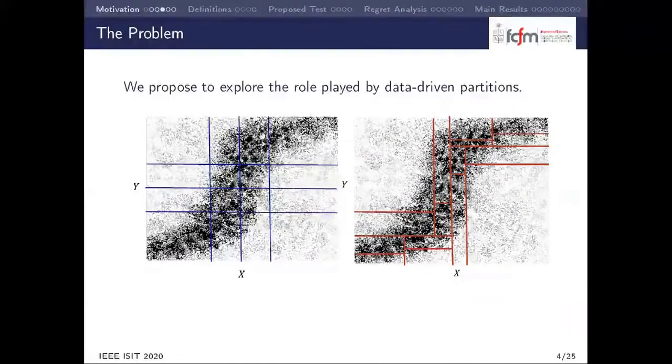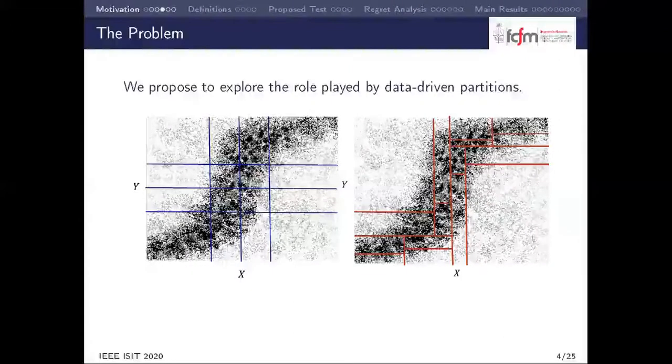In this case, we have a non-adaptive partition, which is a product partition. And here we have an adaptive partition, in the sense that it concentrates more blocks where we have a higher concentration of the data. It is very clear that this adaptive scheme is a better representation of the data than this one. So the partition that we use is relevant.